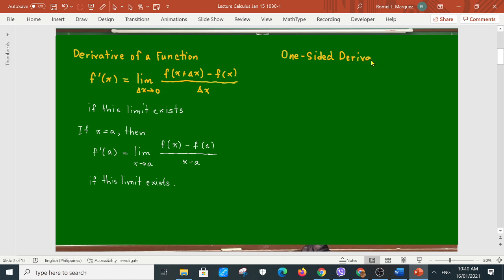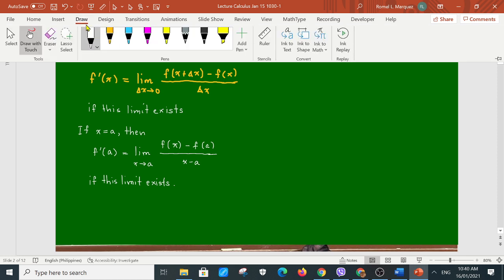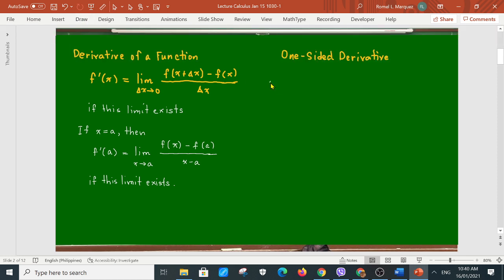Sometimes we are interested only in the derivative of a function from either the left or the right only. So number one, the right-hand derivative.